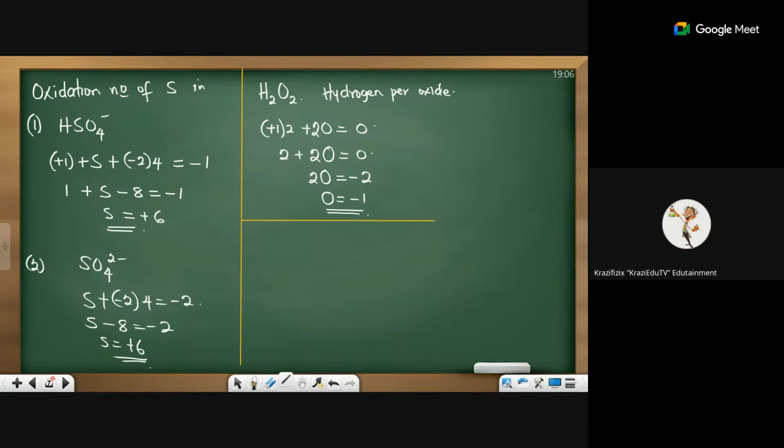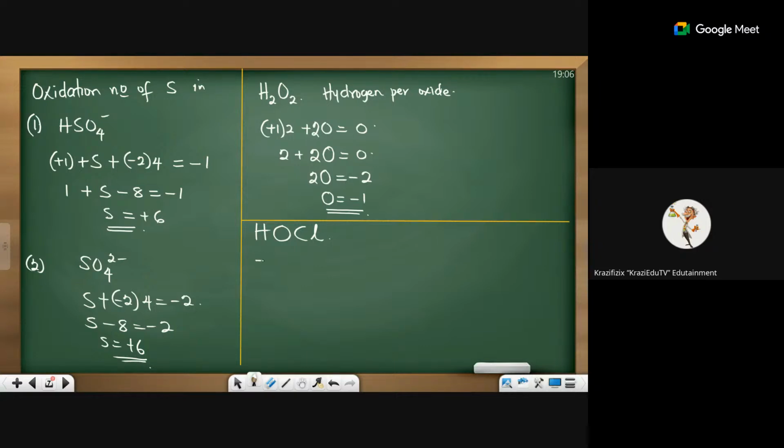A special case. Not a peroxide, right? This is not a peroxide. So the oxidation number of oxygen must be -2 here. So let's find the oxidation number of chlorine.